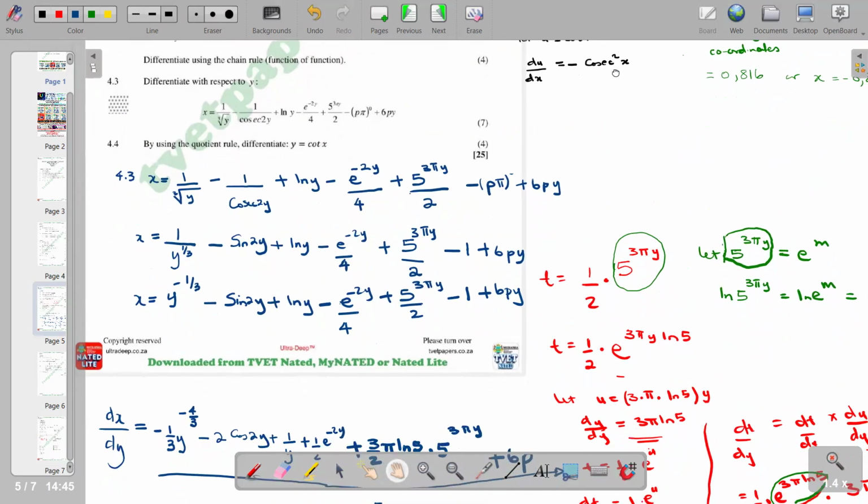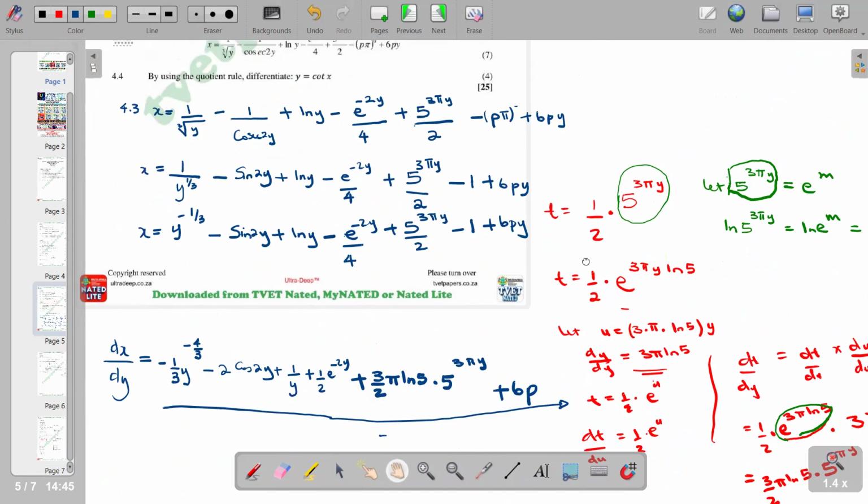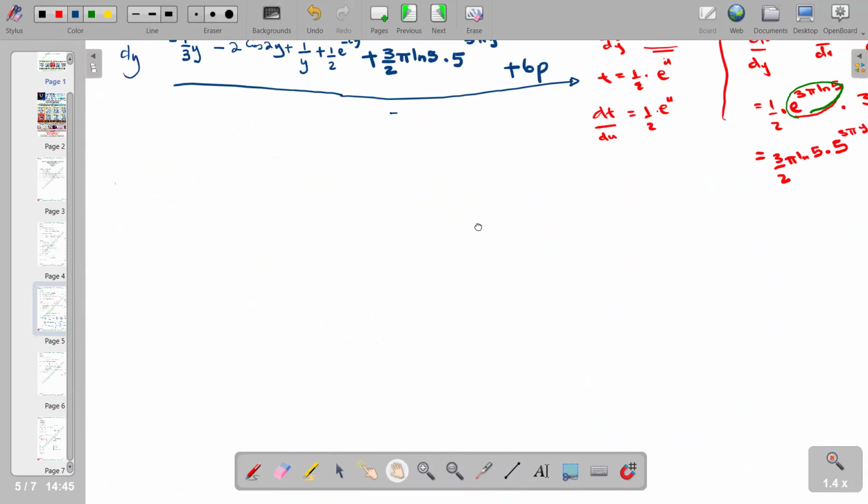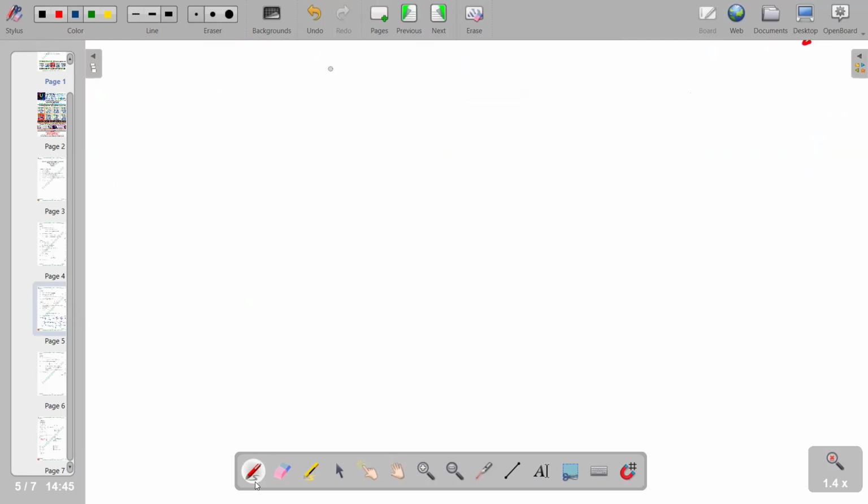Let's go and do it down there. They want us to differentiate y equal to cot x using the quotient rule. And that's question 4.4. So here, it's now freezing.